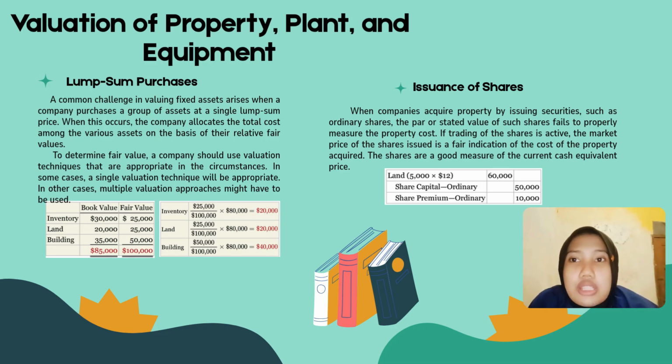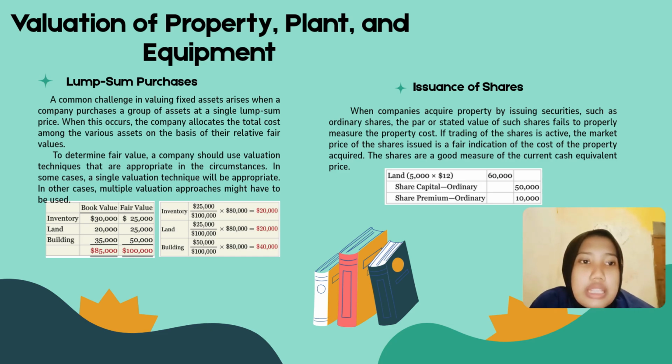To illustrate, in the PPT I already showed, Northern Homes Inc. decided to purchase several assets of a small heating concern, Comfort Heating, for $80,000. In the process of liquidation, its assets were sold as follows. The book value for inventory is $30,000 and the fair value is $25,000, and so on.